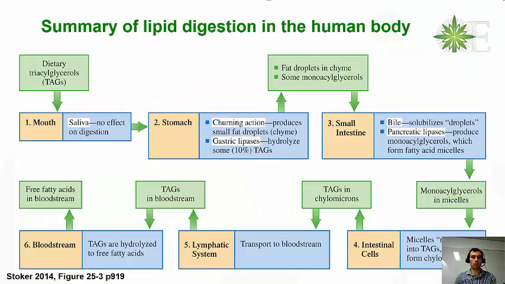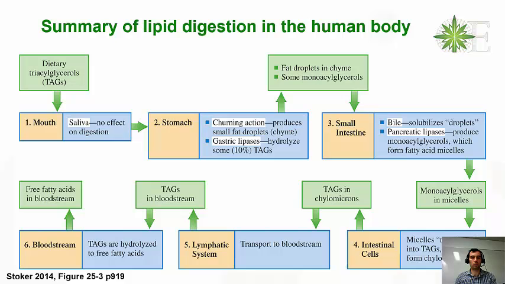Alright, so we can see a summary of this process here. We start off with the dietary triacylglycerols. There is no effect of the saliva on the digestion because the saliva contains polar enzymes and the lipids themselves are nonpolar. Once we get into the stomach, two things happen.